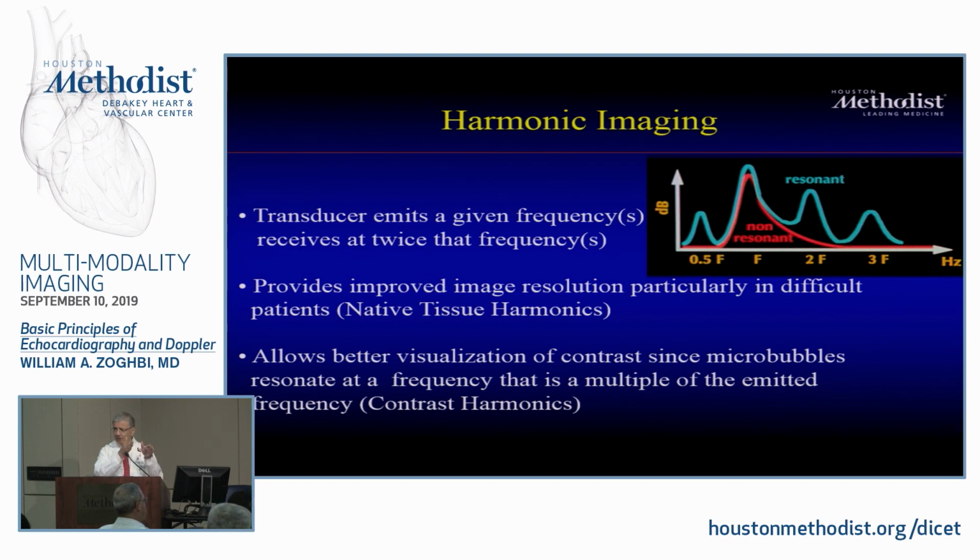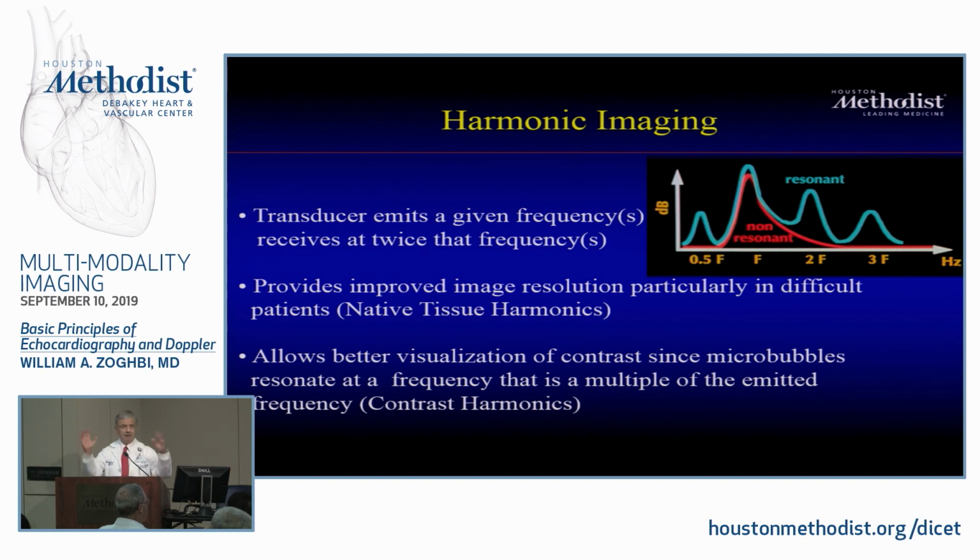Which is, as we talked about, if you're sending half of that, what happened to your resolution? It went down, right? So that's why at times these images would look much more coarse, and the mitral valve and the aortic valve would look thicker than what they are. So that's the downside of imaging in harmonics all the time.